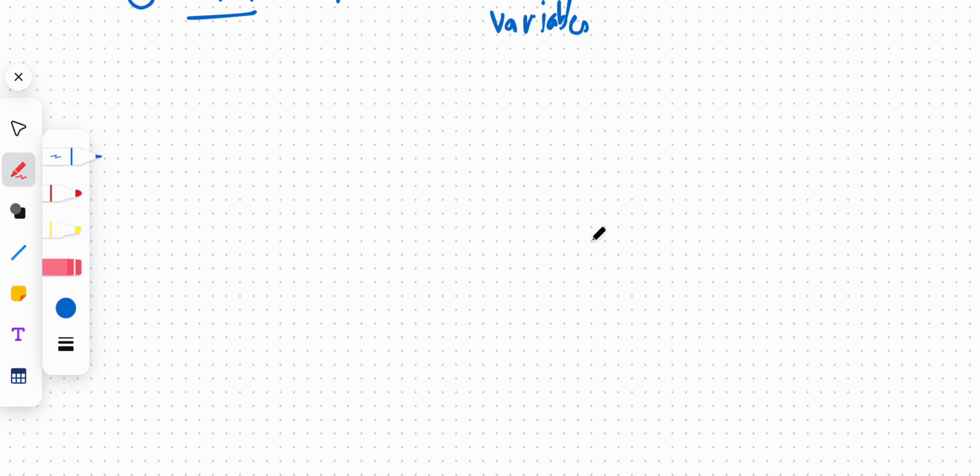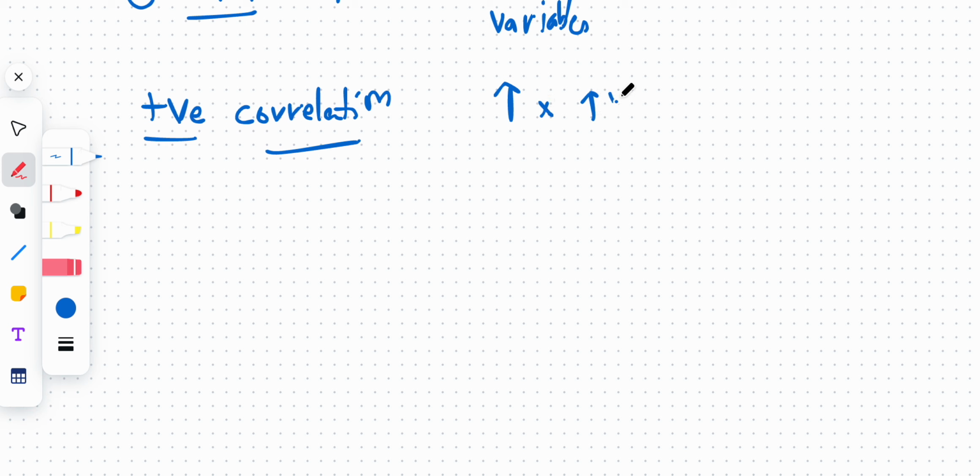Now there are other kinds of relationship also, like positive correlation. That would mean if they move in the same direction, if x is increasing and y is increasing, and if x is decreasing then y is decreasing, that is, they are directly proportional to each other.